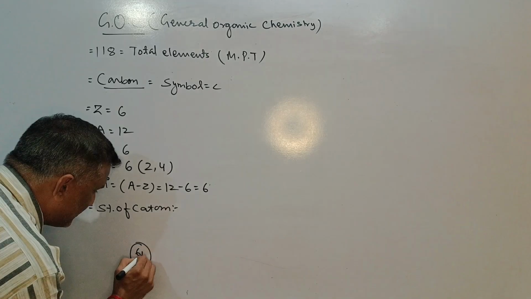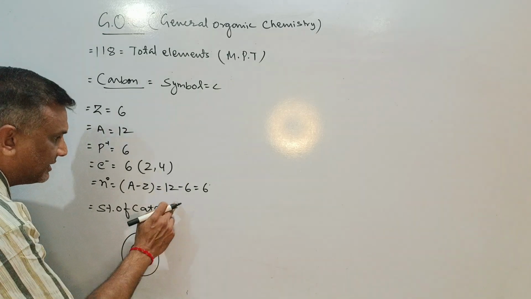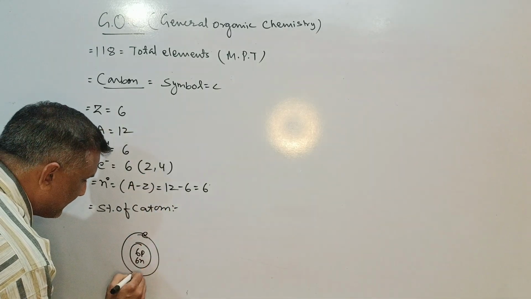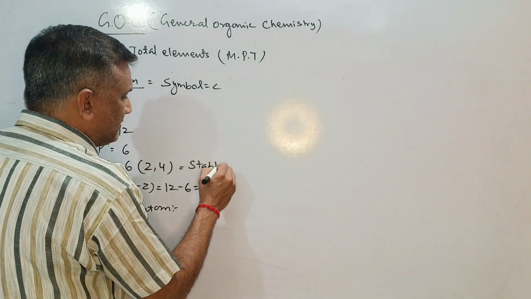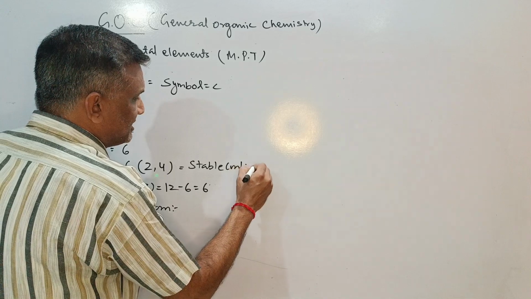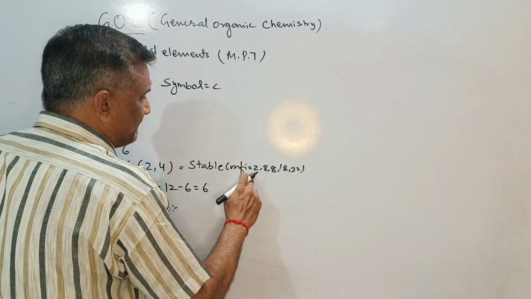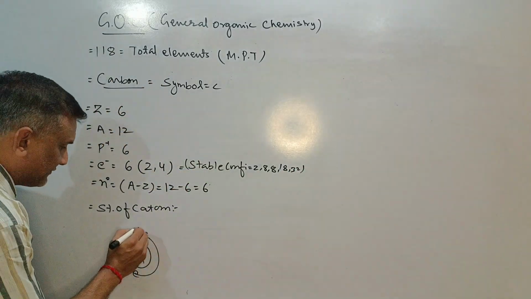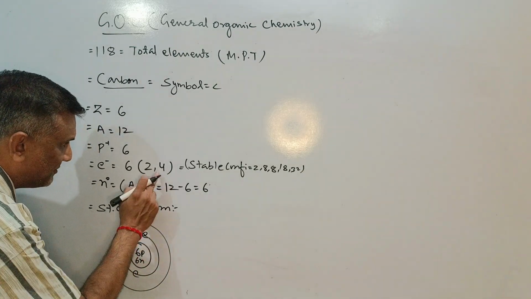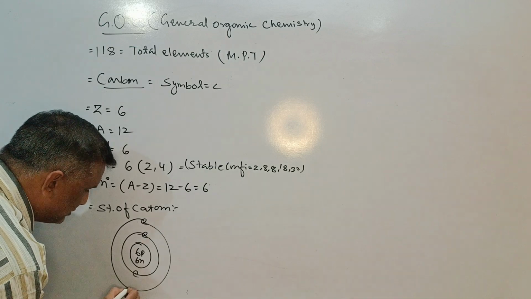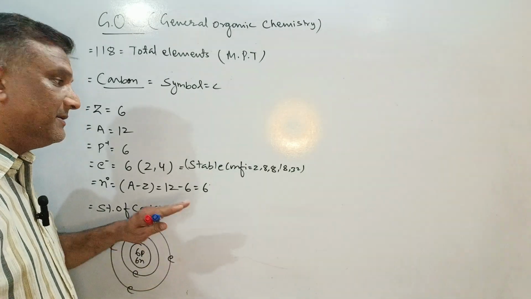So here will be 6 proton, 6 neutron, and surrounding to it, first of all, it will be filling of 2 electron because it follows the stable configuration as 2, 8, 8, 18 and 32. So first of all, it will be filling of 2 electron. After then, it will be 8 electron. So here should be 8 electron, but here is only 4 electron. So 1, 2, 3 and 4. So this was about the structure of the carbon atom.